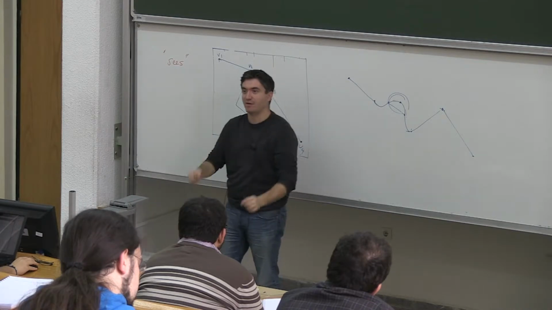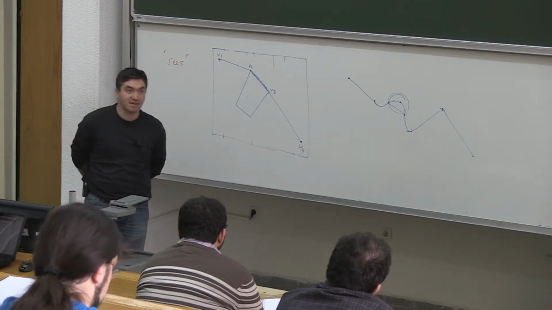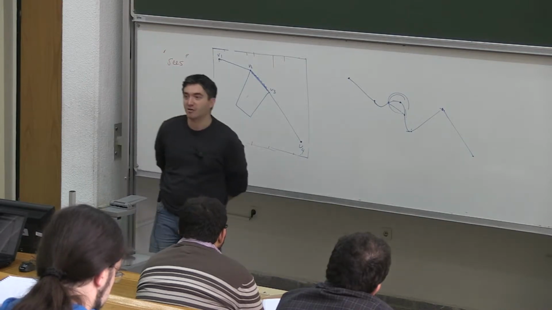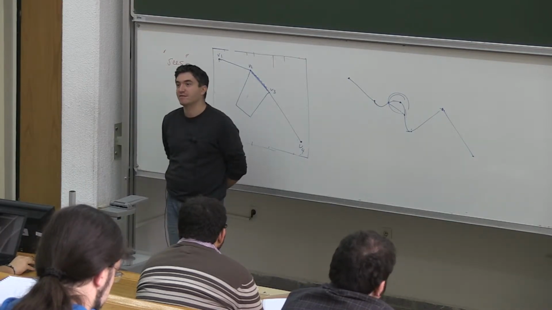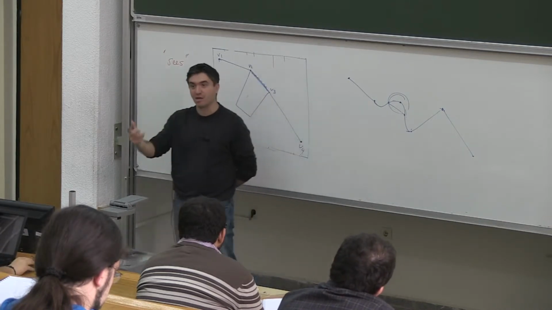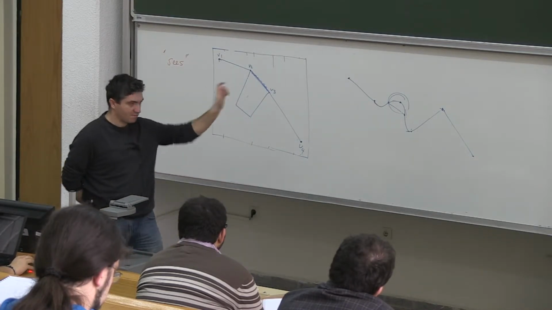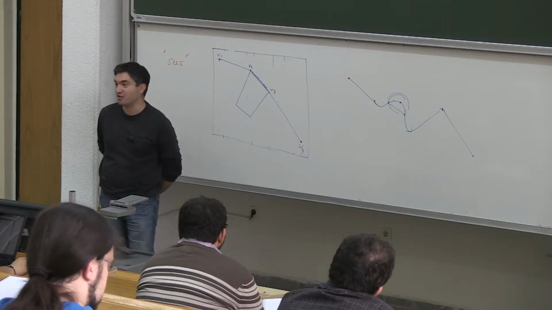Therefore, the visibility graph is a graph which has all the vertices and has edges between any two vertices which can see each other. If one vertex is visible to the other vertex, we denote this by an edge in this graph.